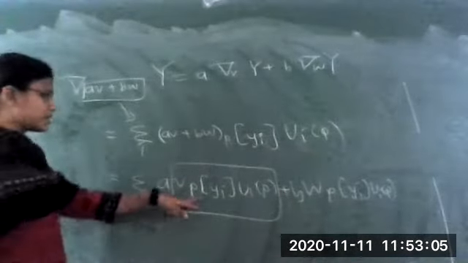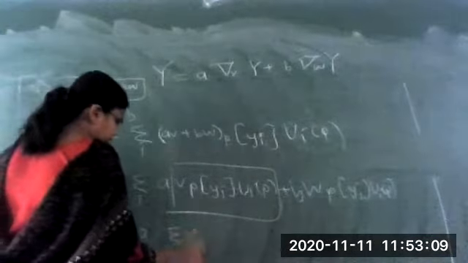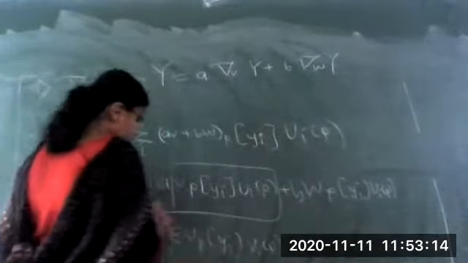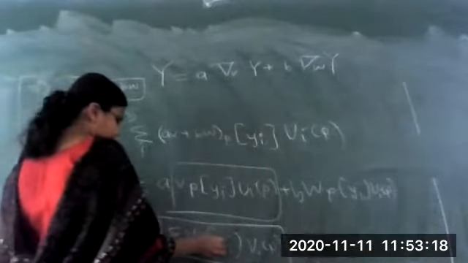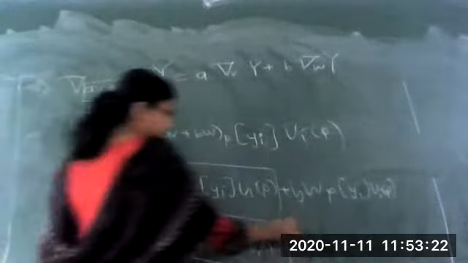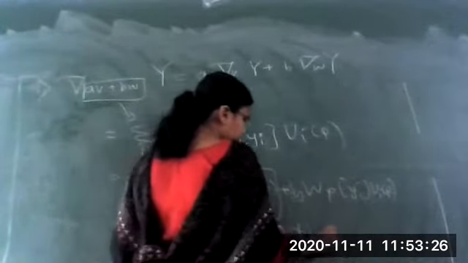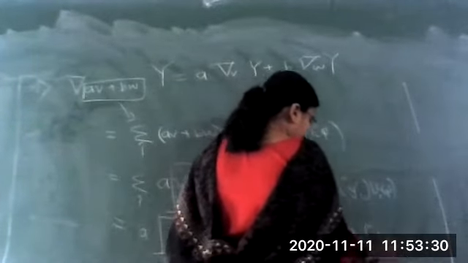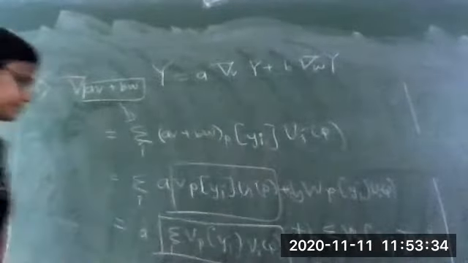Just now I have written this is nothing but a as it is, summation over i VP Yi Ui at a point P. What will be the answer of this? This is nothing but the covariant derivative of a vector field Y in the direction of a tangent vector V. Plus b times summation over i, VP, sorry, instead of VP, WP Yi Ui at a point P.